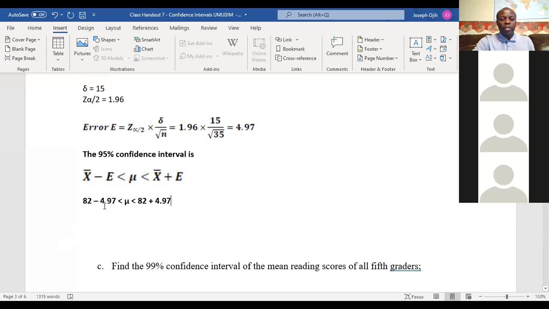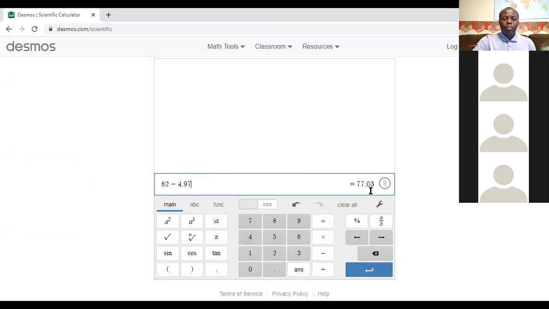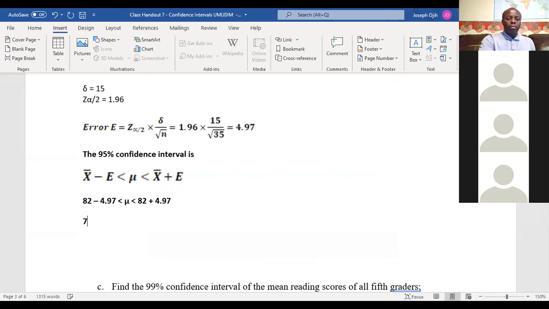On this side you subtract it, on this side add it. 82 minus 4.97 gives us 77.03. So 77.03 is less than the mean.